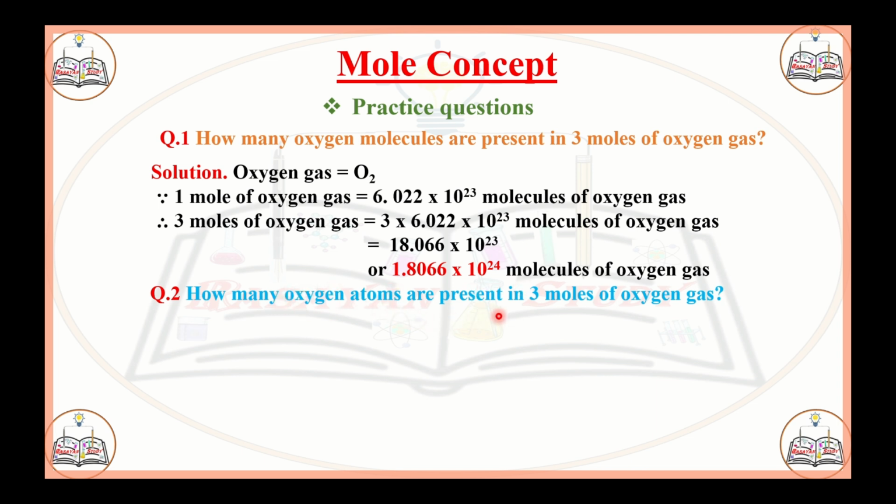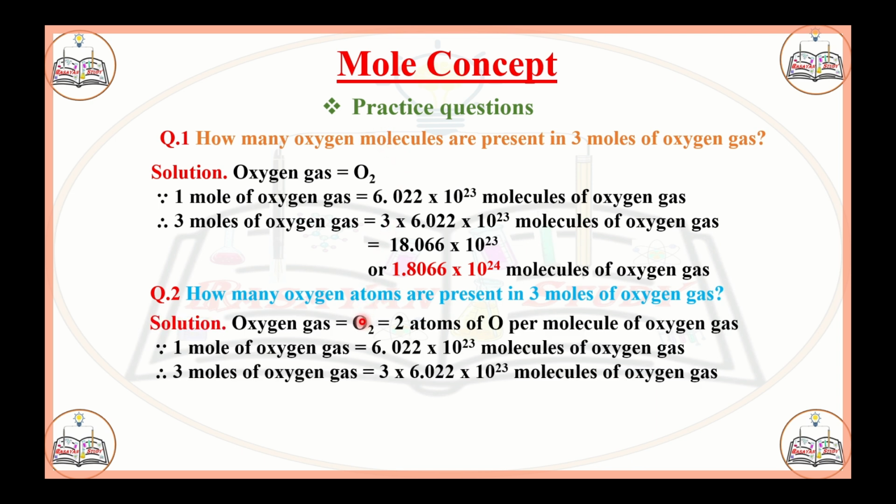How many oxygen atoms are present in 3 moles of oxygen gas? You thought I have given the same question? No, read it carefully. It is oxygen atoms this time, and not oxygen molecules. So here, 1 molecule of oxygen gas will have 2 atoms. So see, 1 mole has these many molecules, 3 moles has these many molecules.